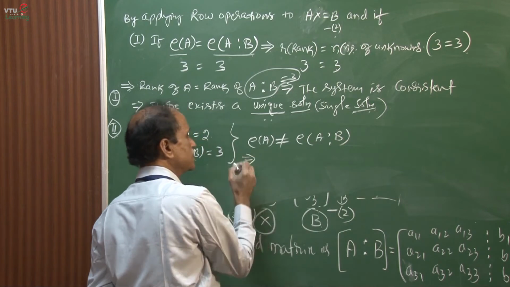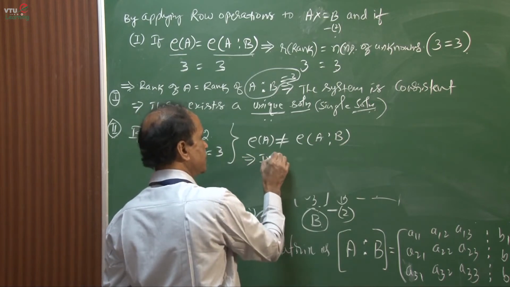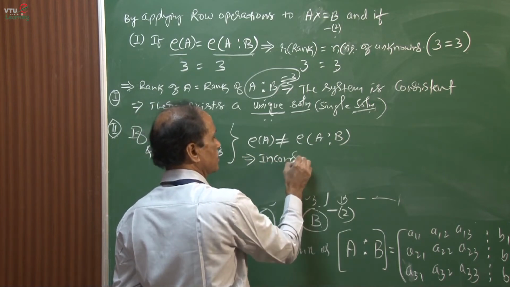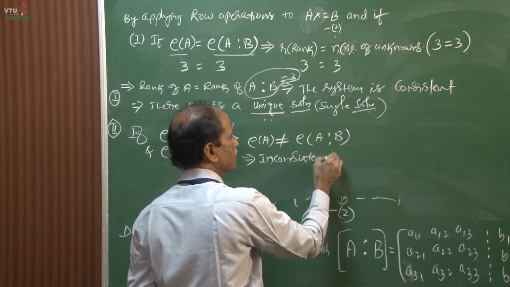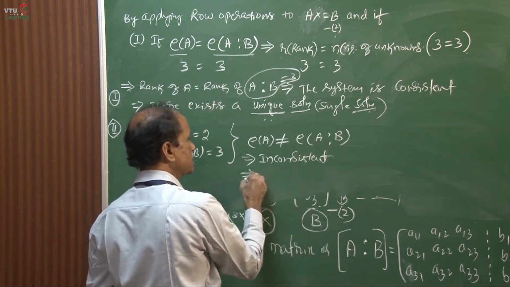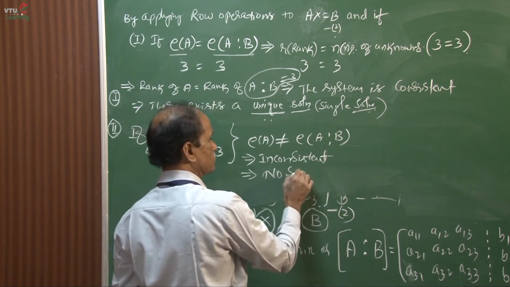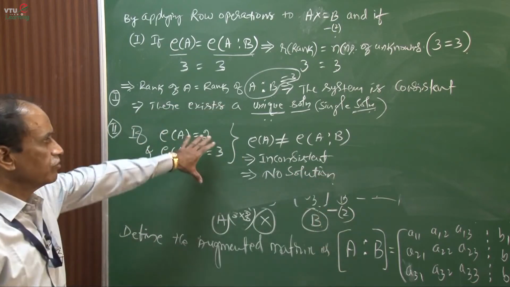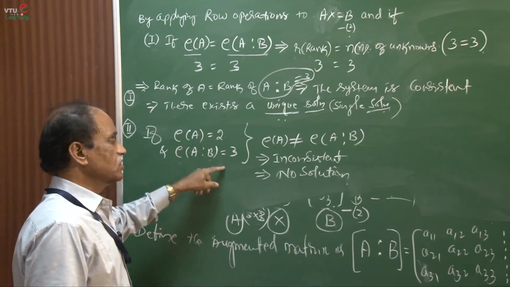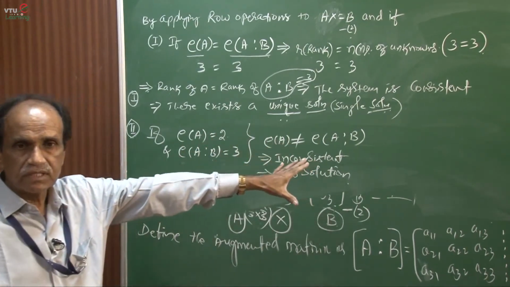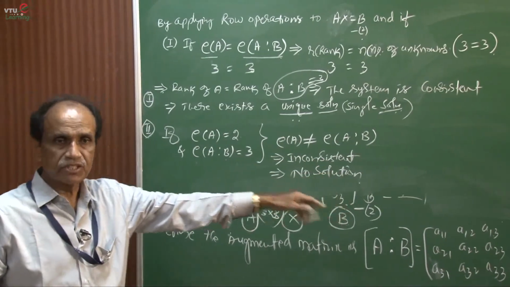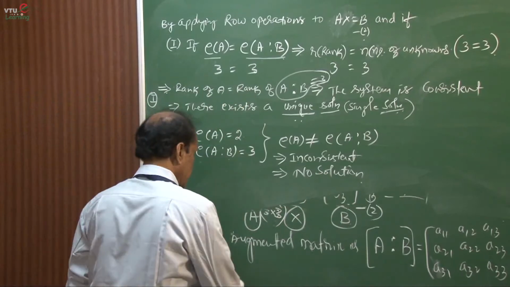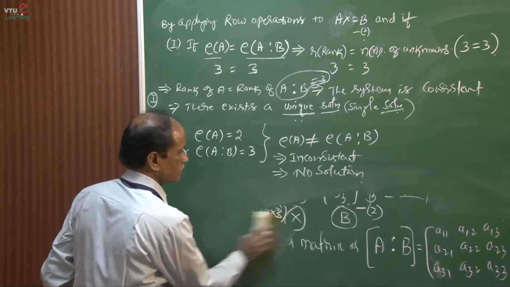This implies inconsistent, and this implies no solution. So we don't solve for this case. When ranks are not the same, we don't solve. This is the second very important condition. Now the third condition. Third is very important.